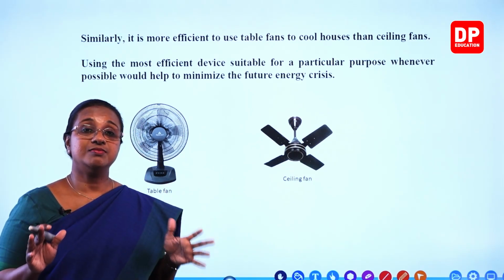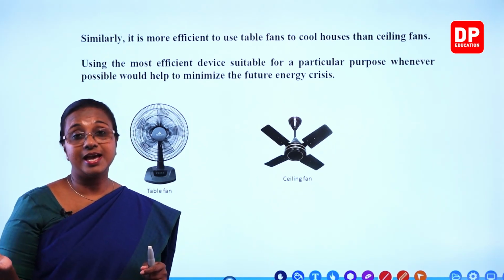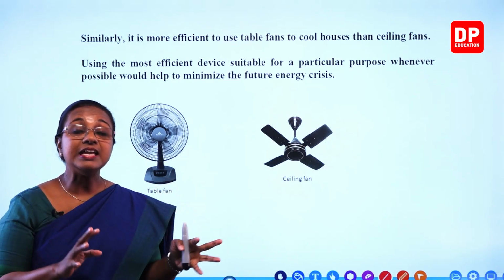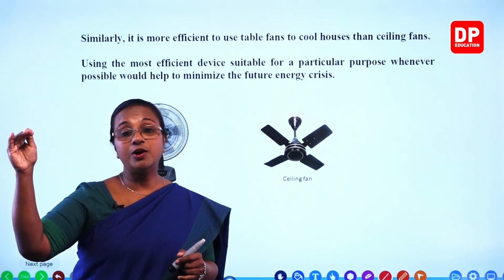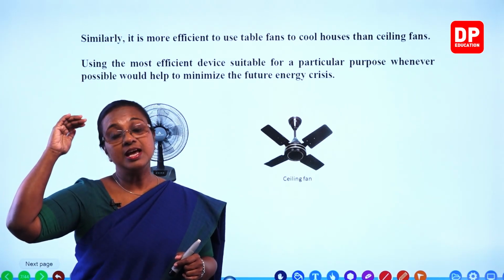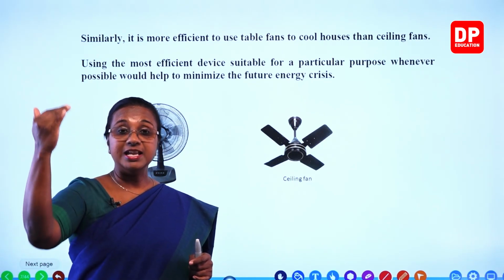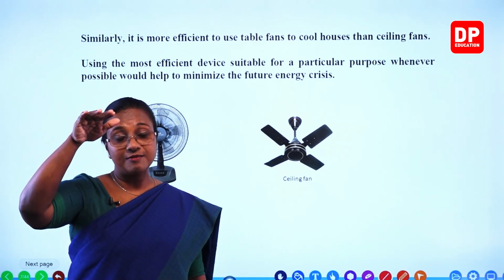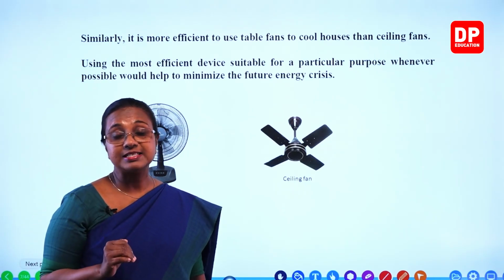When a fan works, it rotates the air. But the way it does that differs. If you take a ceiling fan, you know why we call it the ceiling fan. It is connected to the ceiling. Normally under the roof there is the ceiling, or now with many storied buildings, you have the flat roof slab where the fan is connected.